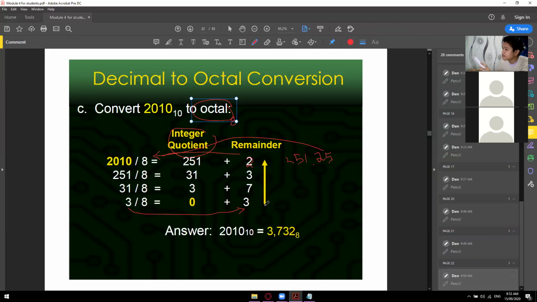And then that would be your final answer. When do you stop? When the integer quotient is 0. Okay, so the final answer is 3732 base 8. Okay? It's really that simple. Did you get it so far?